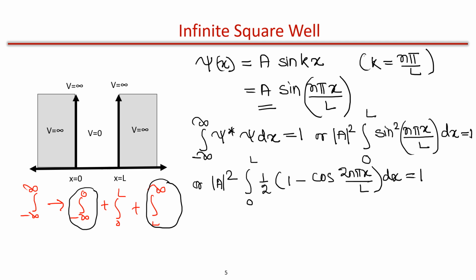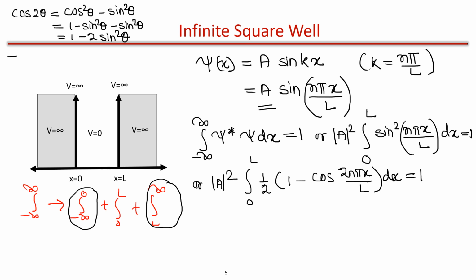Please note that here we have used the relation cos 2 theta is equal to cos square theta minus sin square theta. Again, we can write cos square theta as 1 minus sin square theta. So finally you will get 1 minus 2 sin square theta.